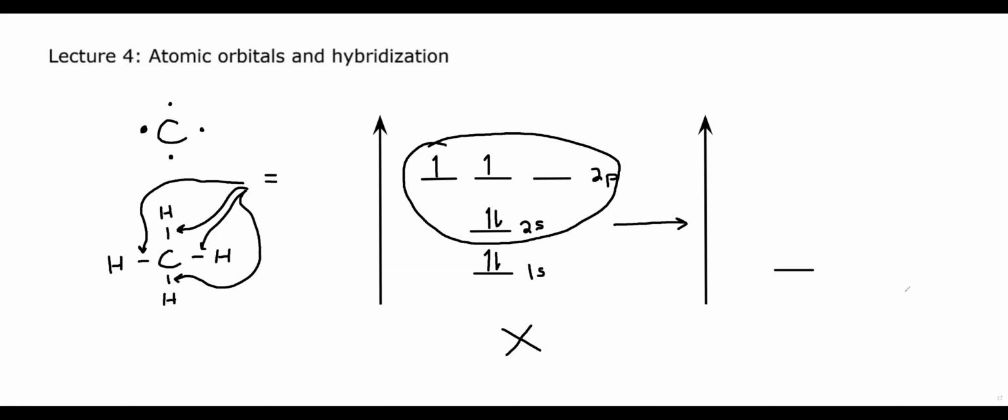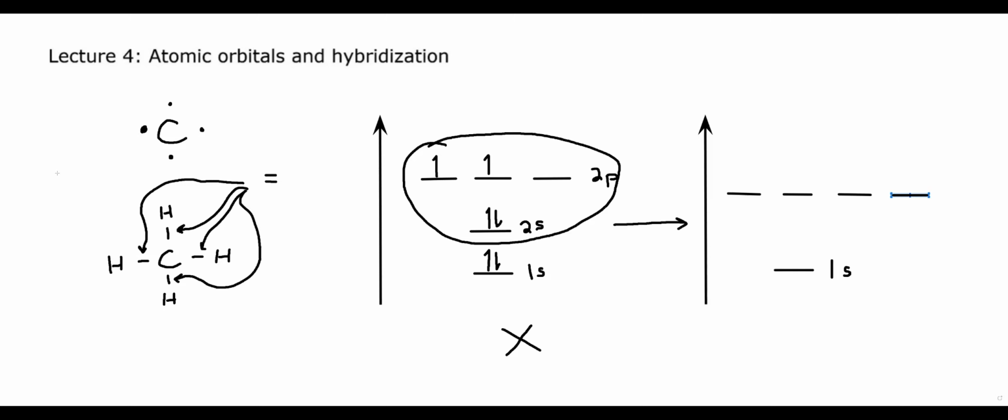How that looks is our 1s orbital stays untouched, but the 2s and the 2p electrons will combine. Let's draw 4 orbitals, all equal in energy.